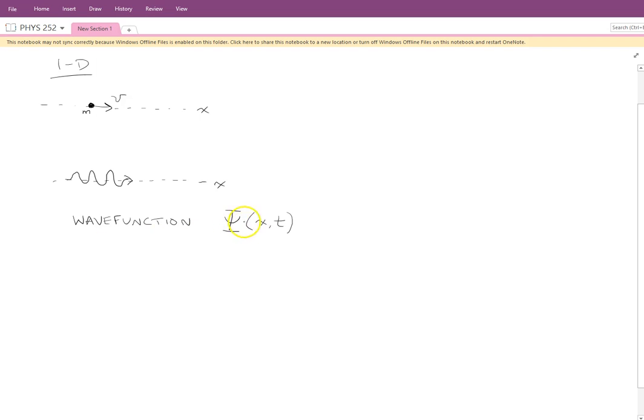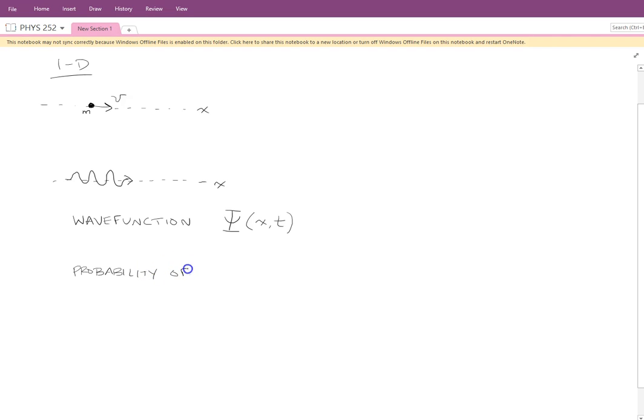Physically, though, you'll get something if you take the square of this wave function. And that's what we want to talk about. We're going to talk about some properties of this wave function and how you get some physical information from it. So formally, the probability, and we'll discuss more the idea of probability in just a second, but let me just define this.